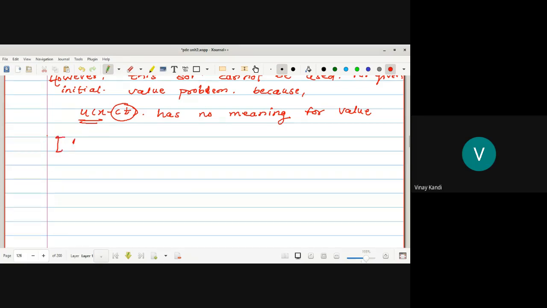Okay. Write down in the bracket: t is greater than x by c. This implies x minus ct is negative, that is, less than 0. But u of x is defined for all x greater than 0.